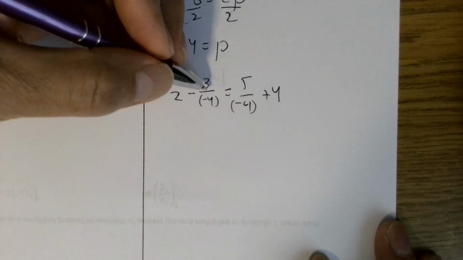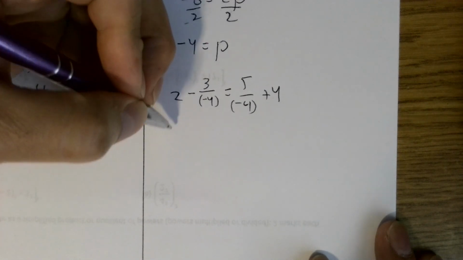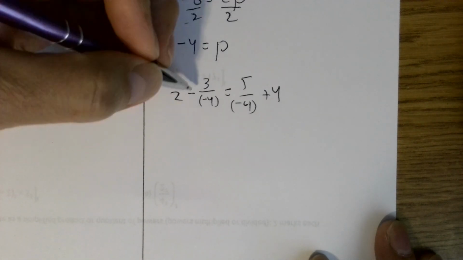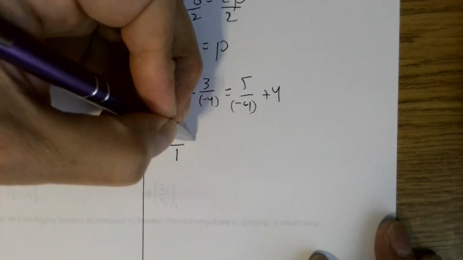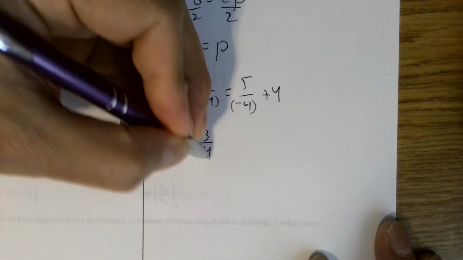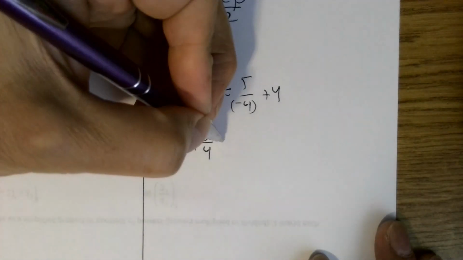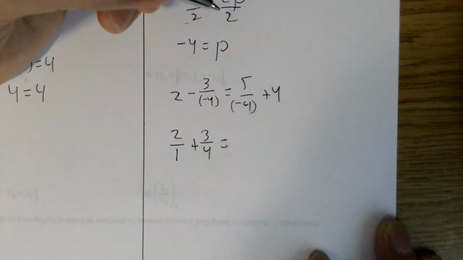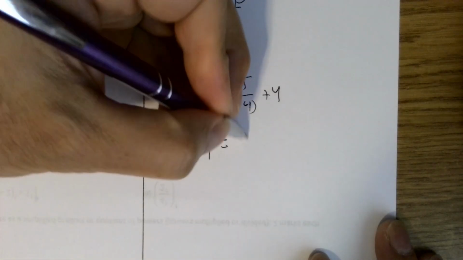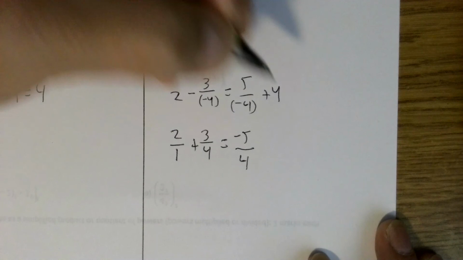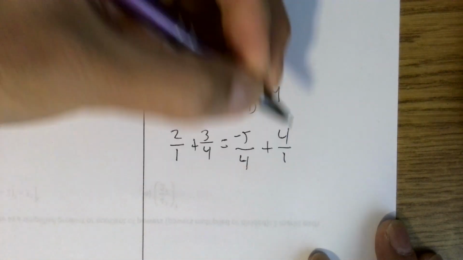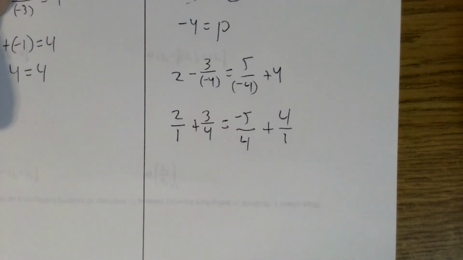Notice we're subtracting a negative here, so I can rewrite that as 2 plus 3/4, and I'm going to write 2 as 2 over 1, because I'm going to have to be adding some fractions here. And we'll basically have the same thing over here. I'm going to move the negative to the top, because it's the same thing and it's easier to think about. And again, I'm going to do 4 over 1, so everything's a fraction.